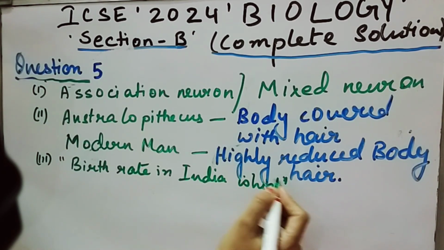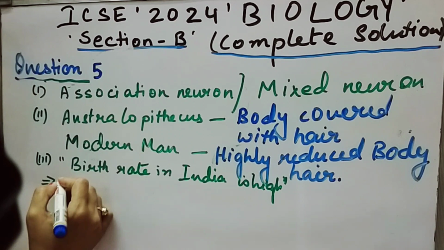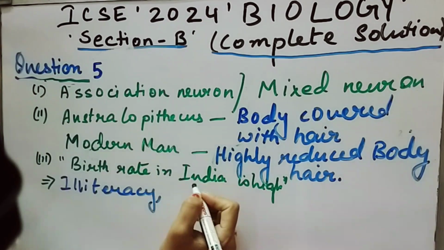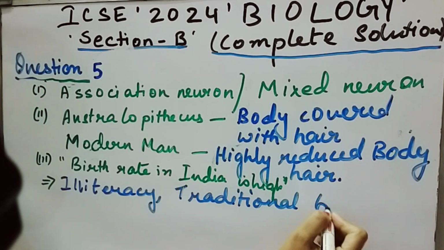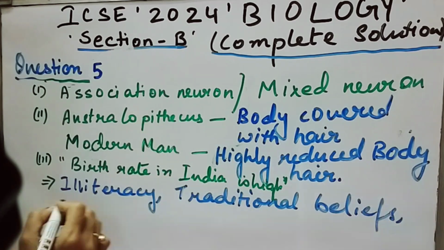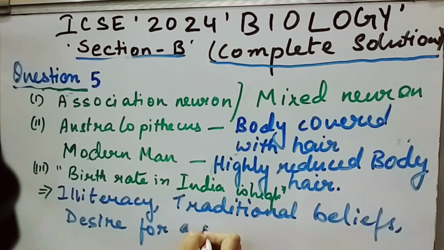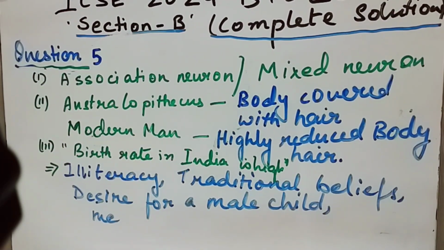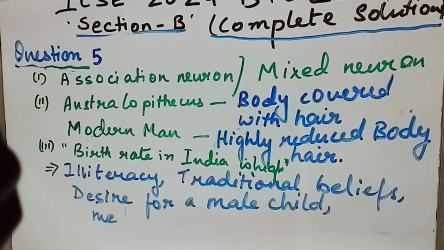The most important one is illiteracy, then traditional belief, desire for a male child, and also medical facility.